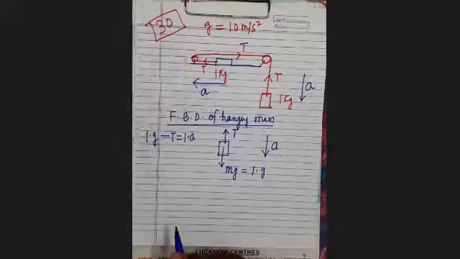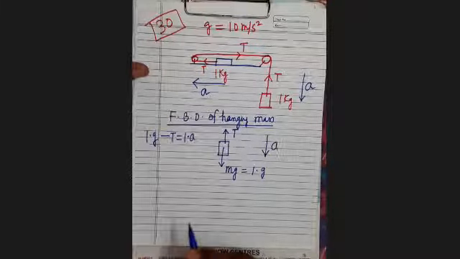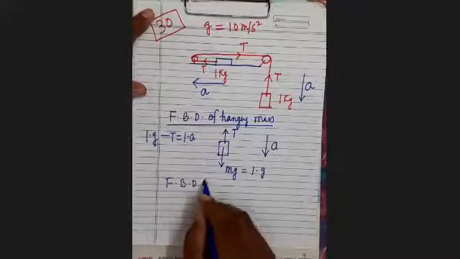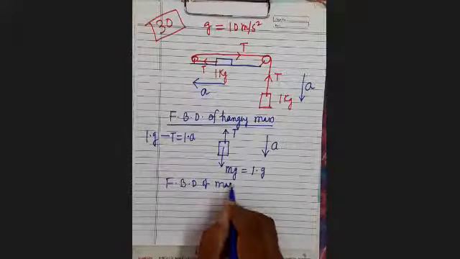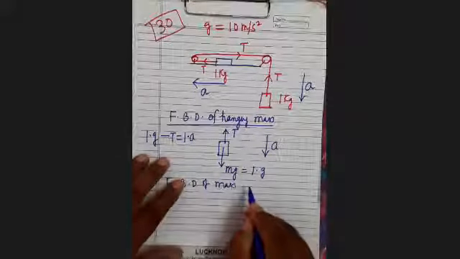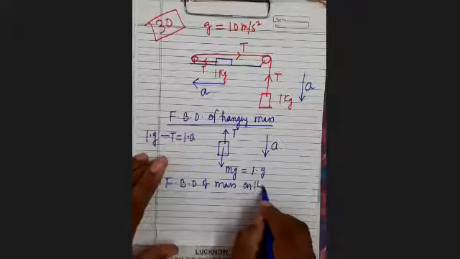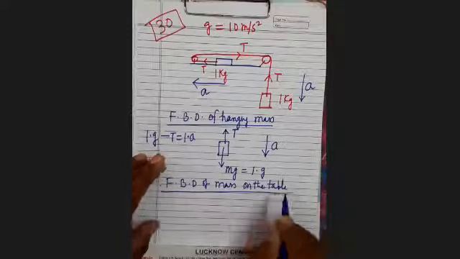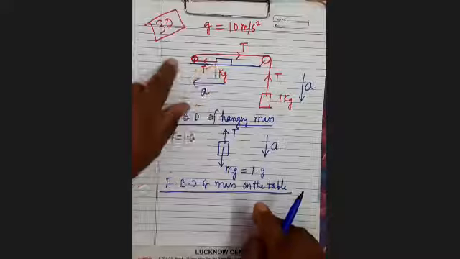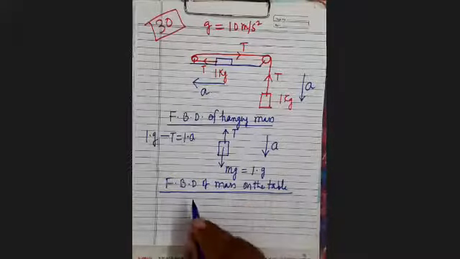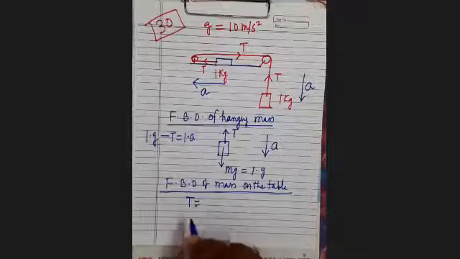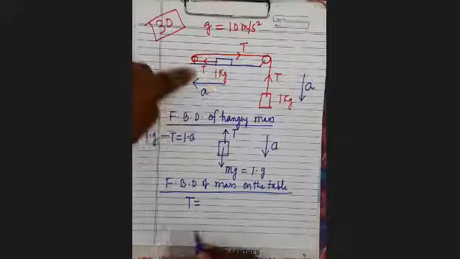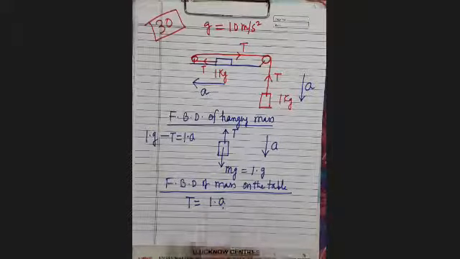Then you can see here the free body diagram of the mass on the table. Only one force is acting, so net force will be equal to T, its mass into its acceleration, that is 1 into a.